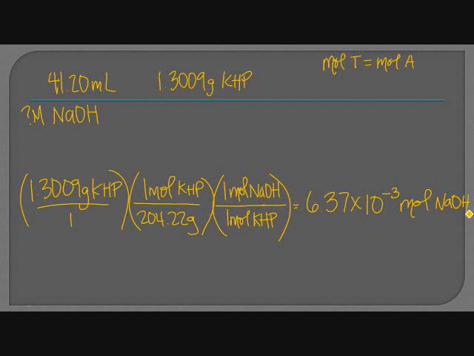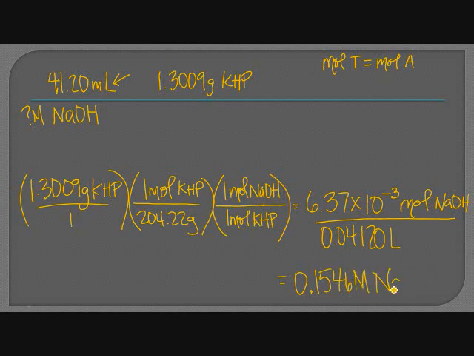Molarity is moles divided by liters. So we would just take this amount divided by our volume changed to liters, 0.04120 liters. So the concentration in molarity is 0.1546 molar sodium hydroxide.